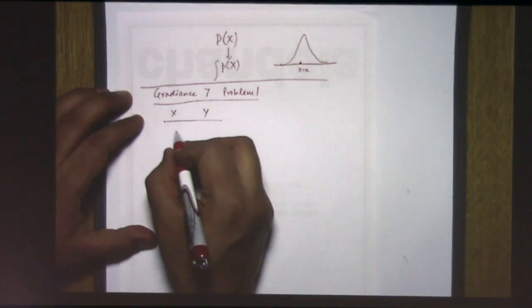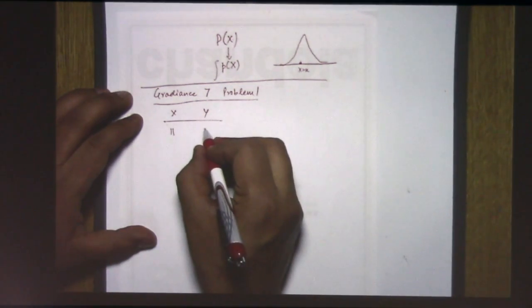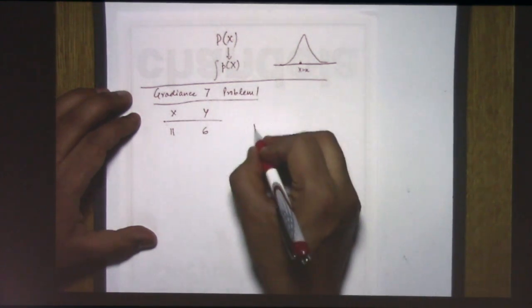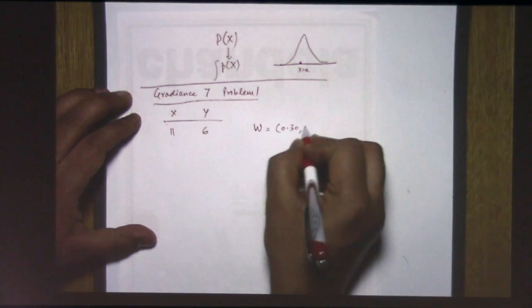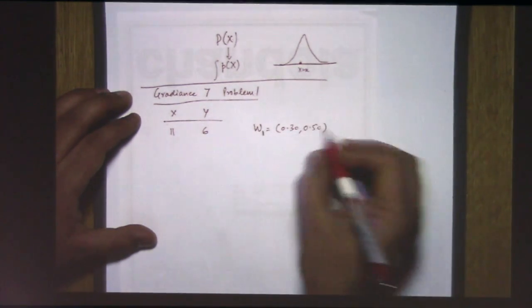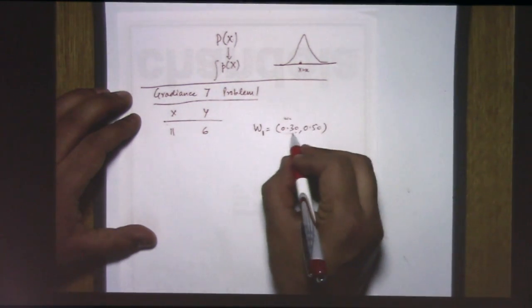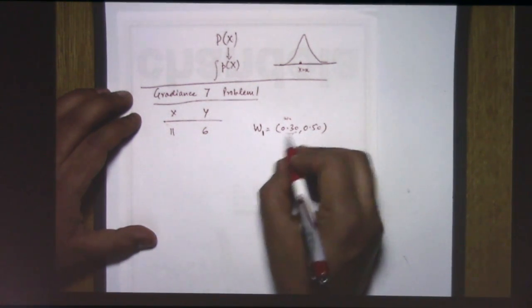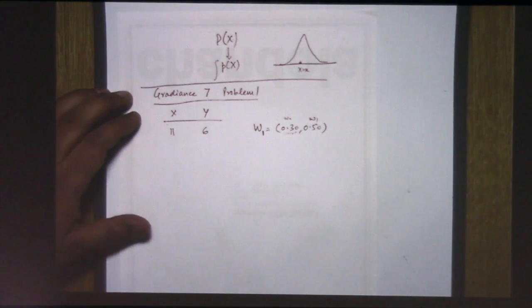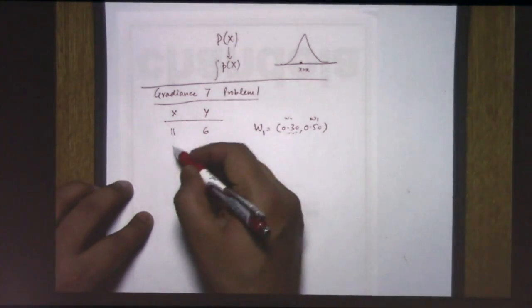The first data point was x is 11 and y is 6. And then one of the w's is 0.30, 0.50, which means the first component is the bias and this is w1. And then you have the entire data set.